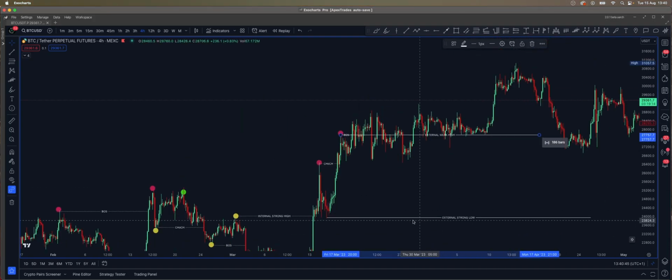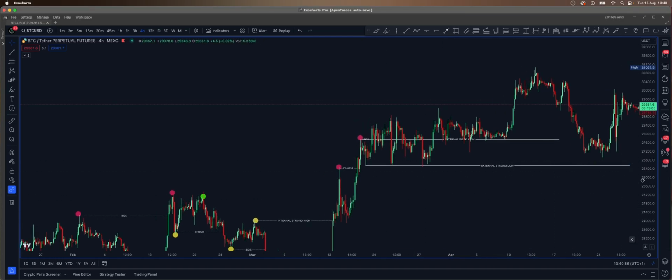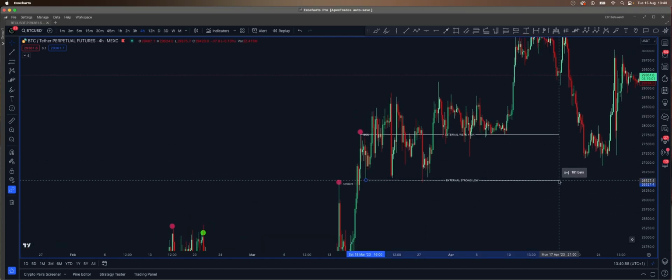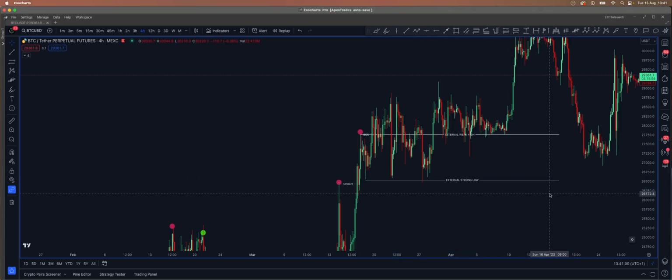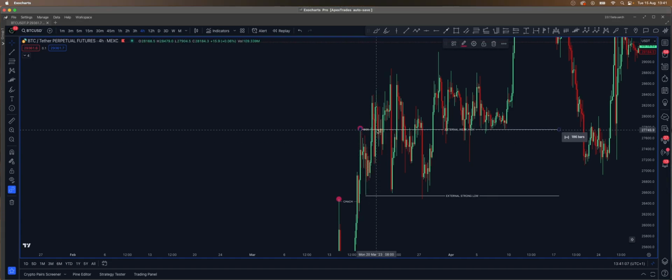And then where's the lowest point between here and here? That's the new swing low, which we expect to be what? Strong or weak? Of course, strong. So when we're trading this range, we've broken structure.